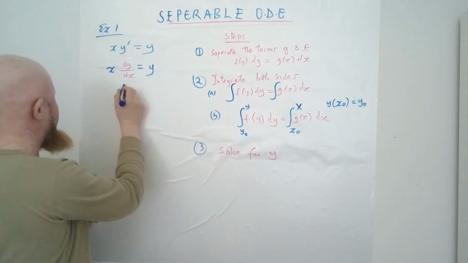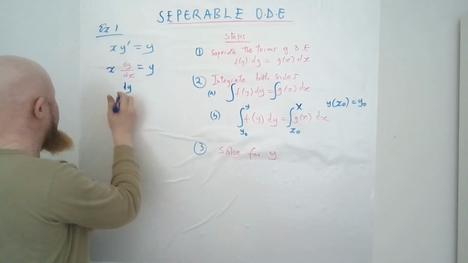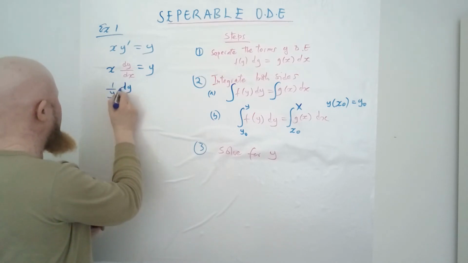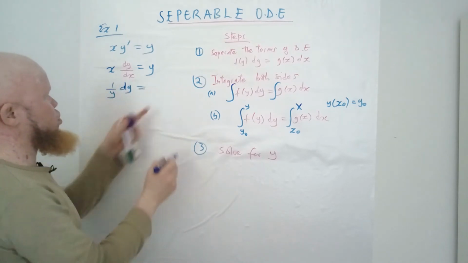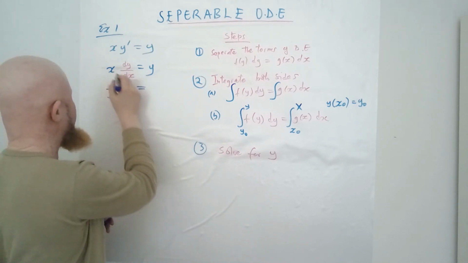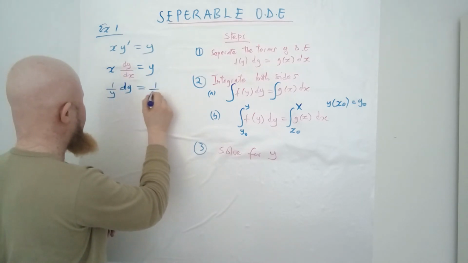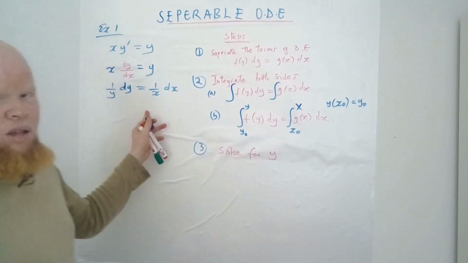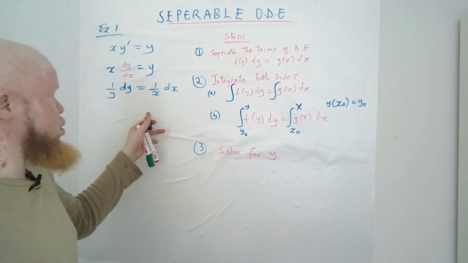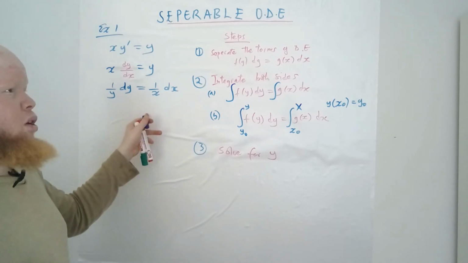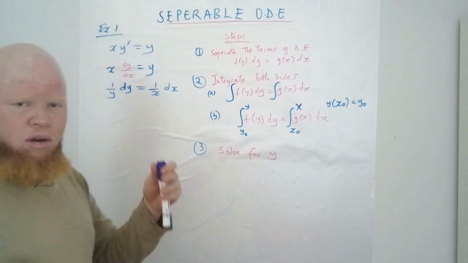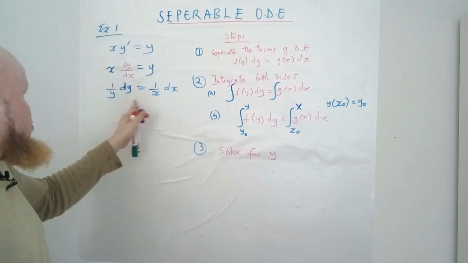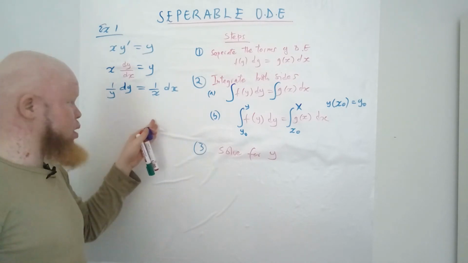If y comes to this side, it will be 1 over y dy, and if x goes to this side, it will be 1 over x dx. That's how you can do it. If you got it wrong, then you just have to check your mathematical operations, but this is how you do it without violating any mathematical operations.